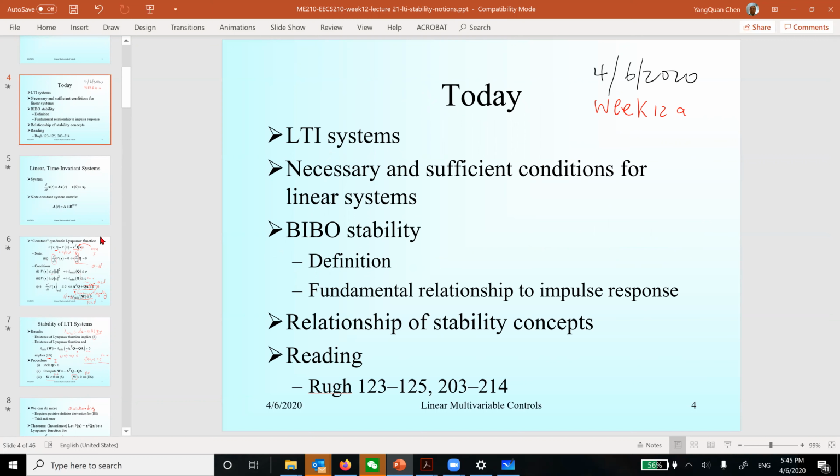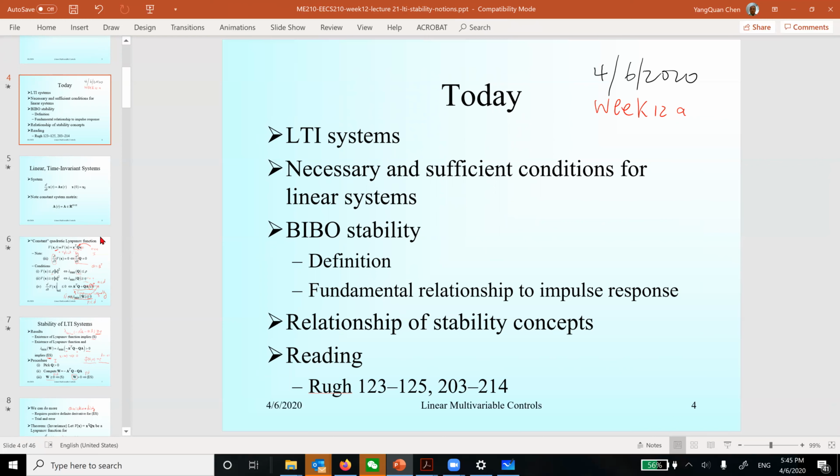And when you introduce input, how to check the BIBO stability. The question is, without input, the original system is unstable.